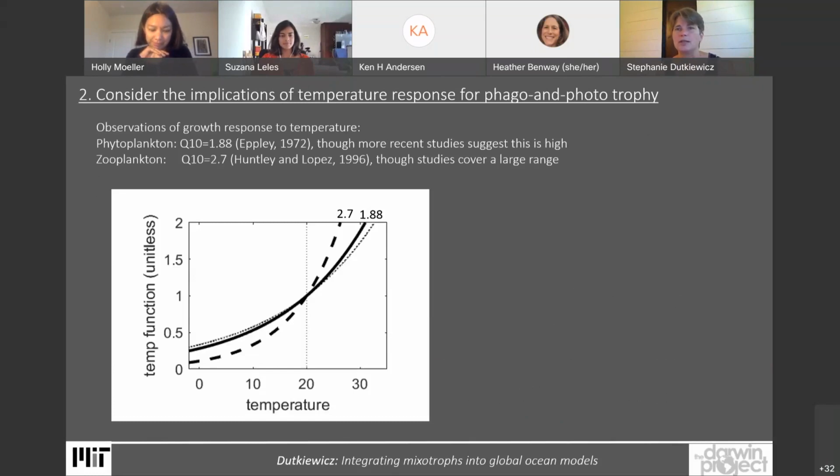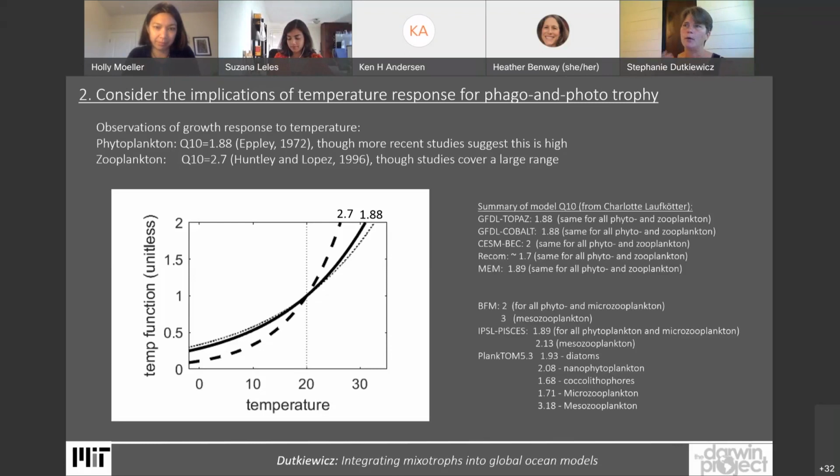So here I'm just showing grazing or phototrophy as a function of temperature. And you can see these different curves, the 2.7 being what has been suggested for zooplankton and the 1.88 for phytoplankton, though there are certainly studies that suggest these might not be the perfect temperatures.